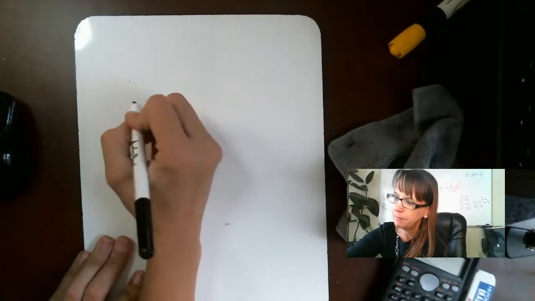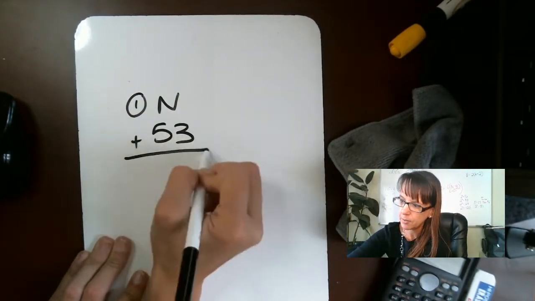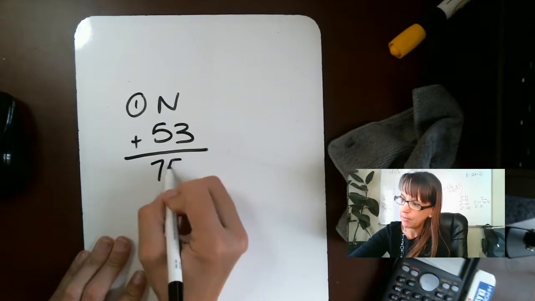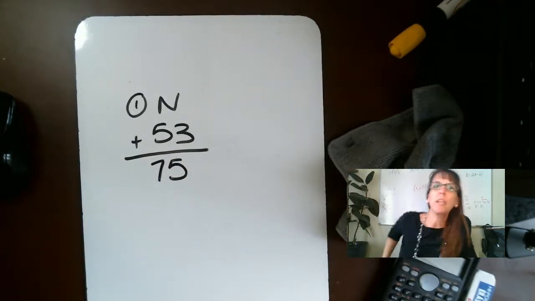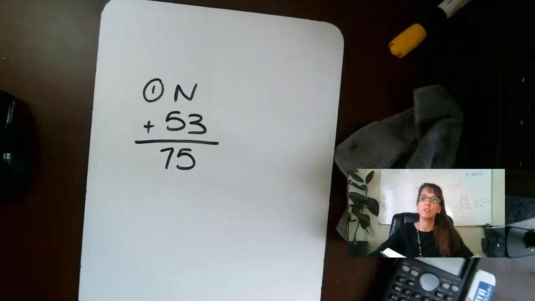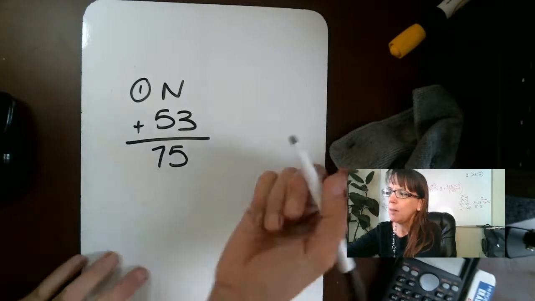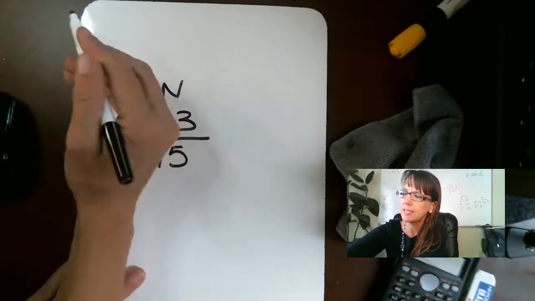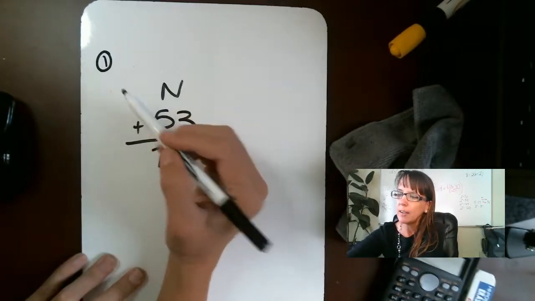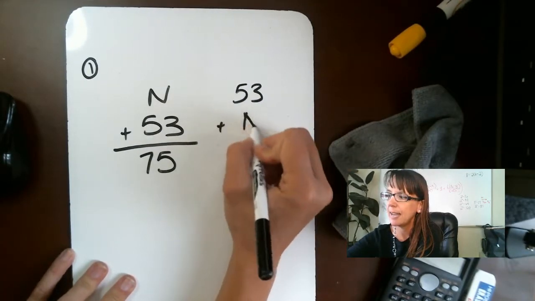We are given n plus 53 is 75. Sometimes we need to write the other addition fact, and sometimes we need to switch it to our subtraction facts. Until you get the hang of this, it's going to take a little bit of effort. Addition can be rewritten as 53 plus n is 75.